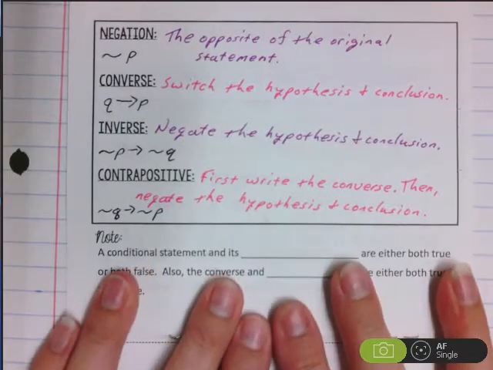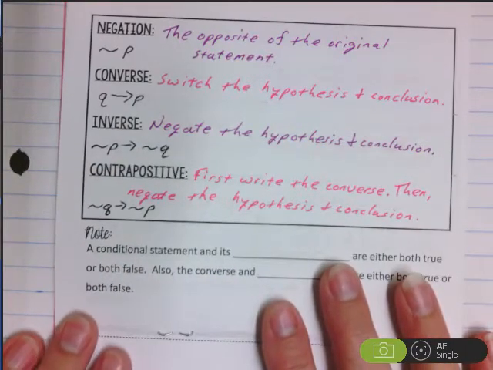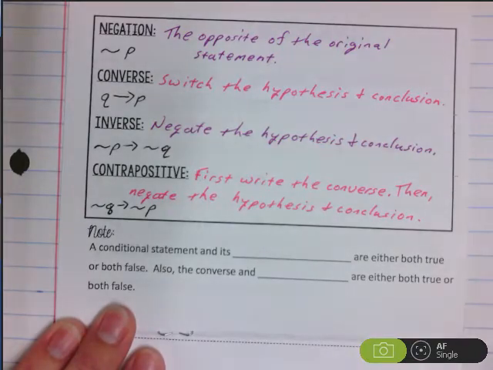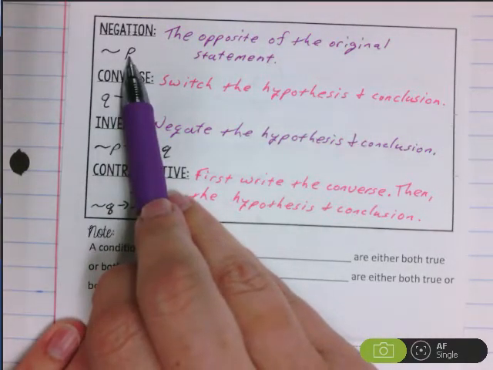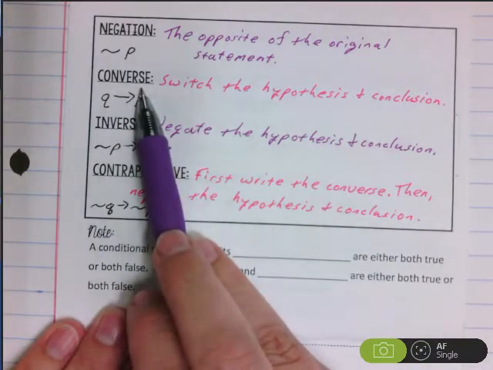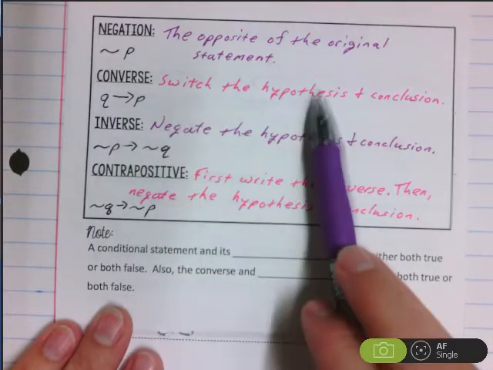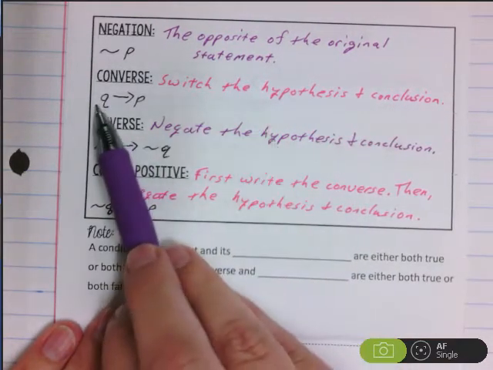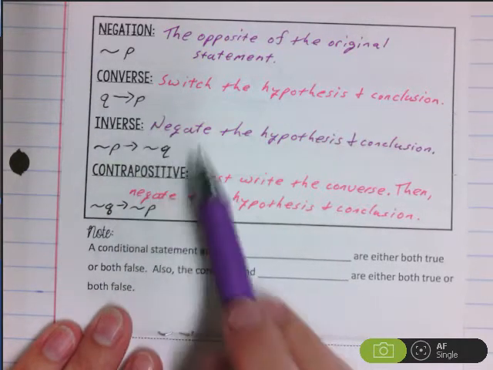All right, so we have some more definitions here. A negation is the opposite of the original statement. And we use this little symbol here, so this is not P. Okay? A converse, we talked about converses a little bit earlier this year when we were talking about our parallelograms. We're just switching our hypothesis and conclusion. So instead of P then Q, now we have Q then P. Okay?